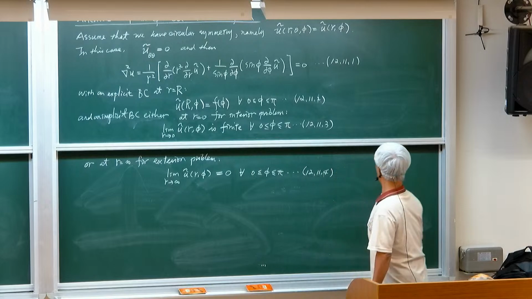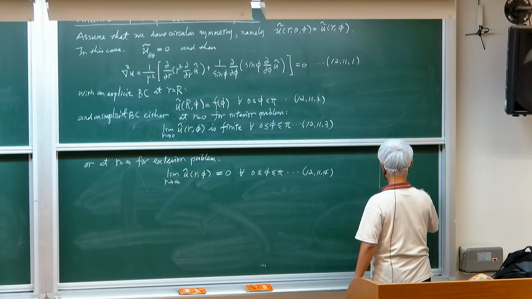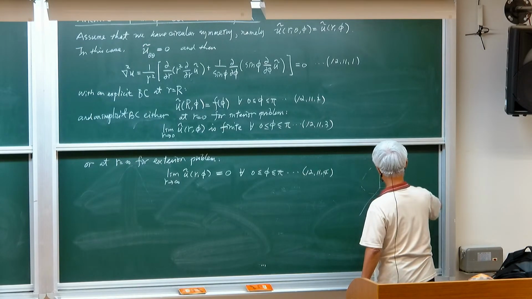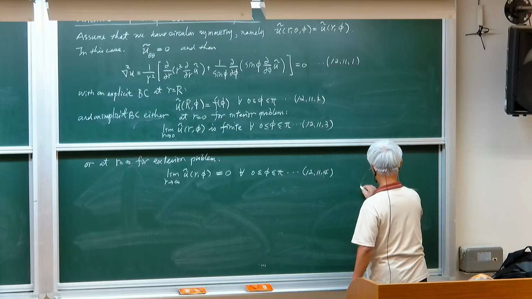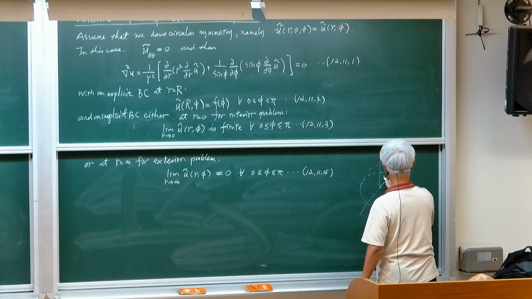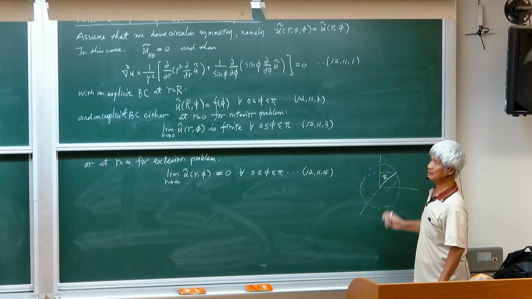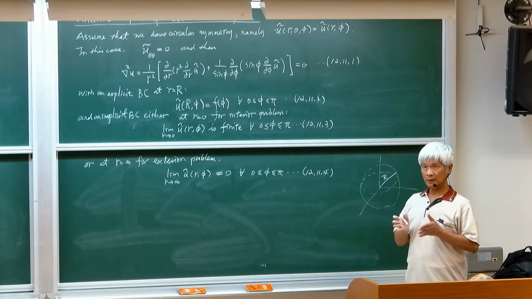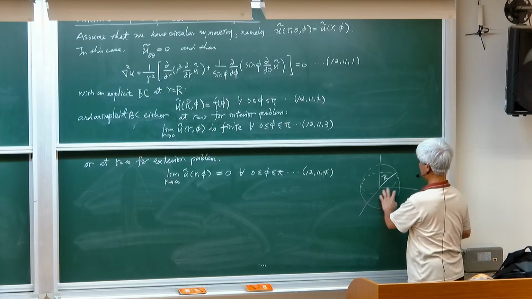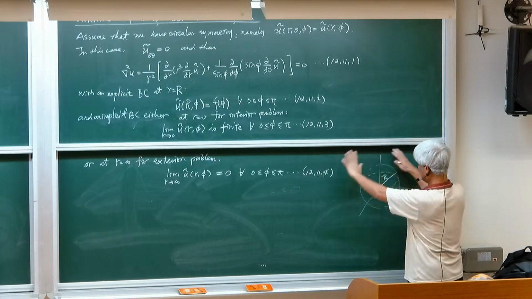The interior or exterior problem is like this: we have a ball with radius R. We consider a function u which is inside the ball or outside the ball.